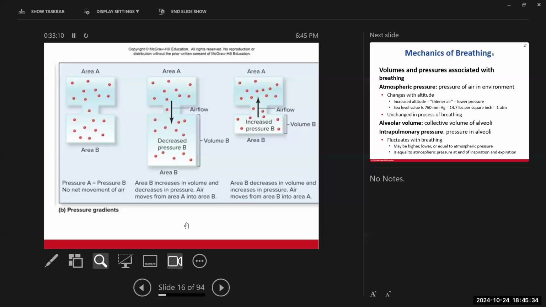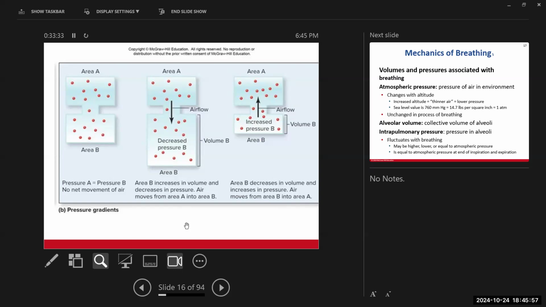Okay, same thing over here. Now you'll see in the third example, you've got area A having a larger volume compared to area B. So area B has a smaller volume, therefore it's going to have a greater air pressure compared to area A, because that has a larger volume, but it has a smaller air pressure.